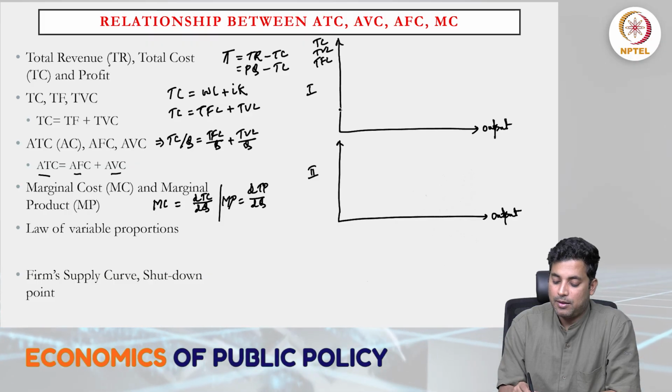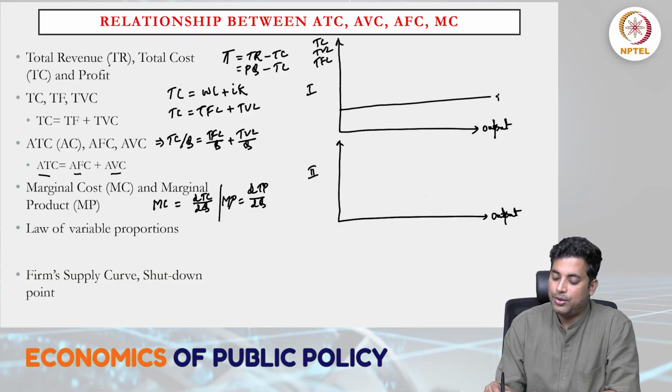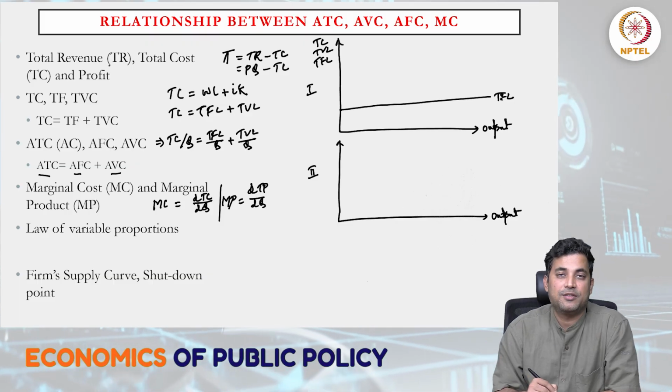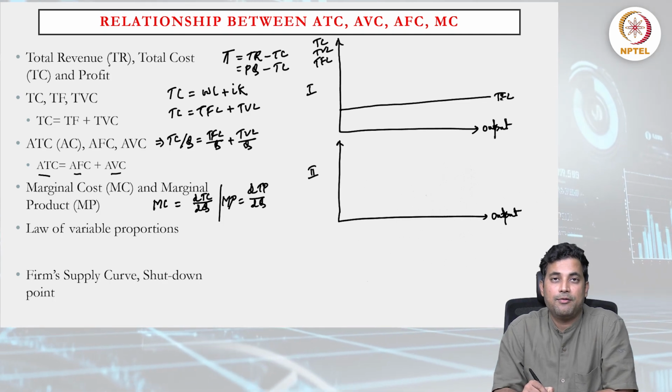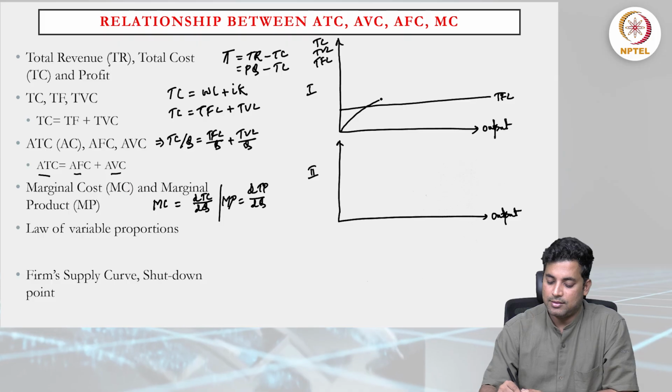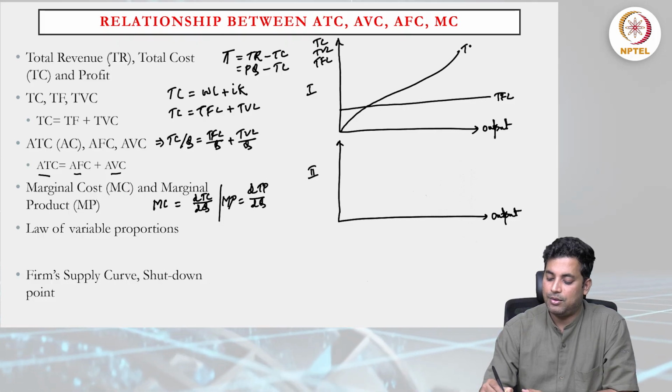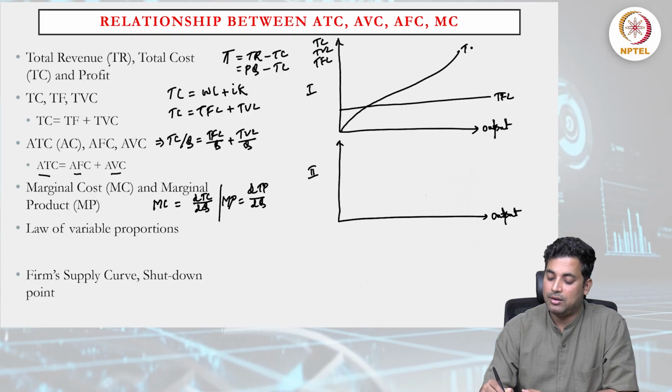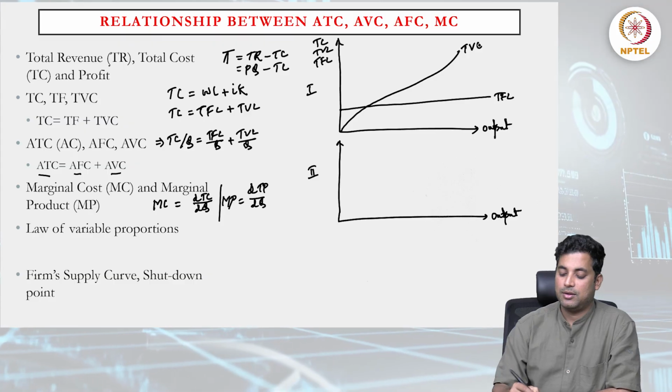So this is our total fixed cost, which is fixed for every production. And then here, say this is a total variable cost.